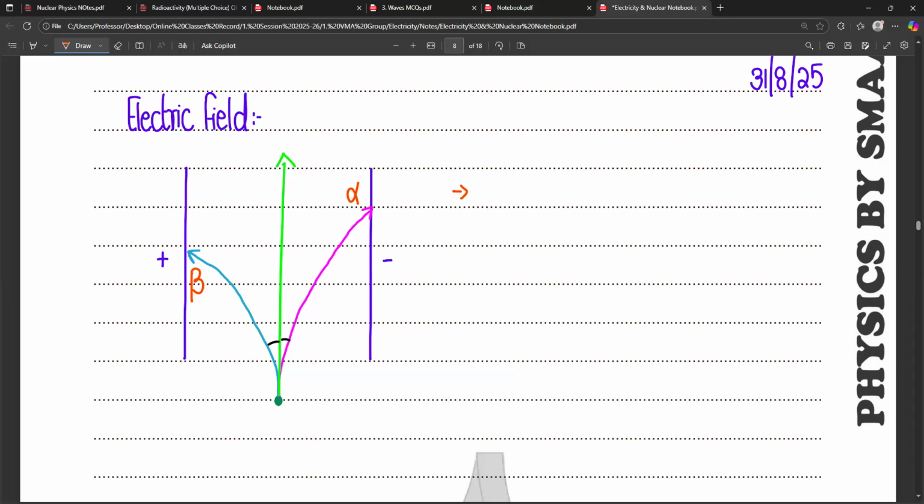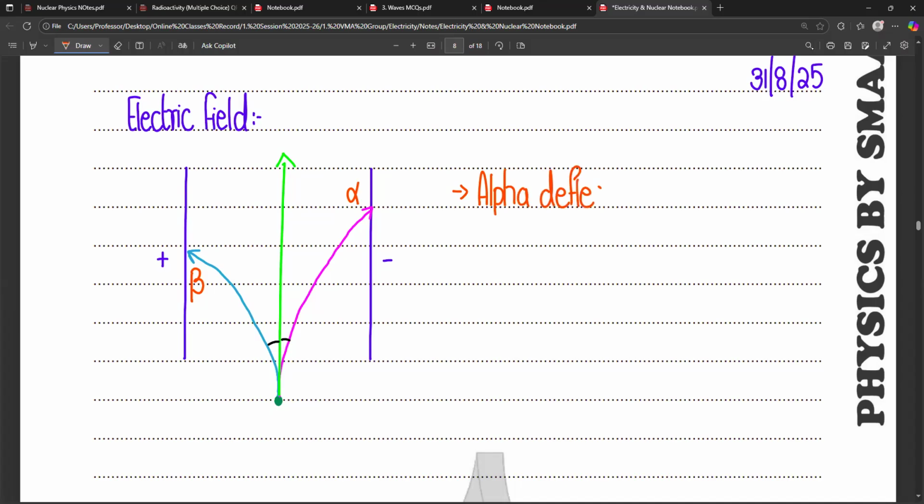So it is very simple to bend or deflect beta particle as compared to alpha because alpha is heavy as compared to beta. So definitely to deflect alpha, we require more time or we can say more force. That's why the angle of deflection for alpha particle is small as compared to the angle of deflection for beta particle, right?